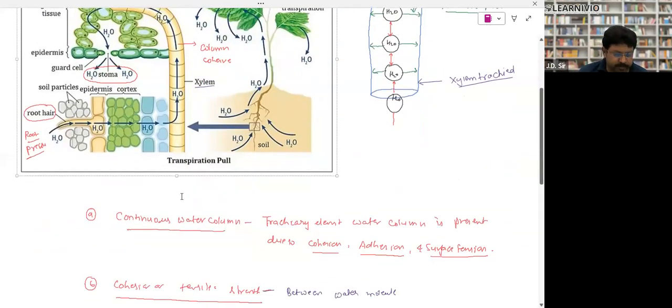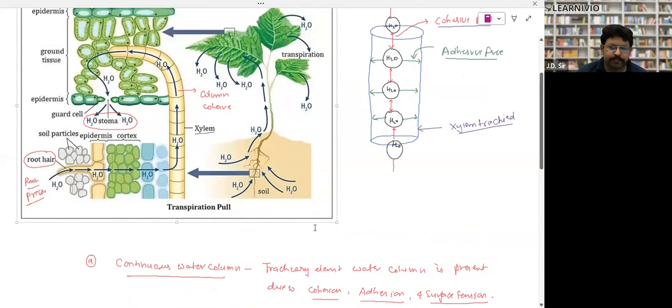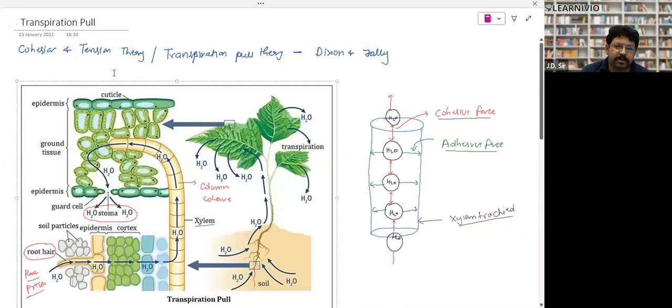So first put the heading: transpiration pull, and cohesion and tension theory.